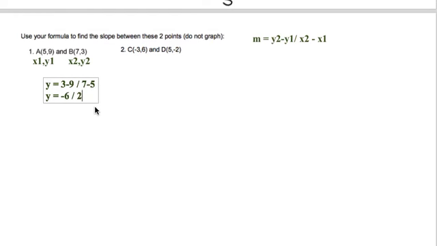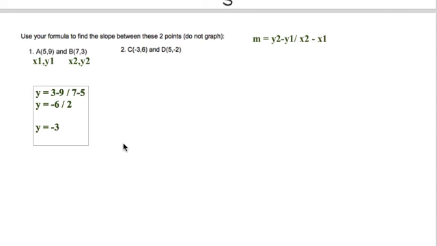We can bring this down to -3, because 2 goes into 6 3 times. So our slope m is equal to -3.